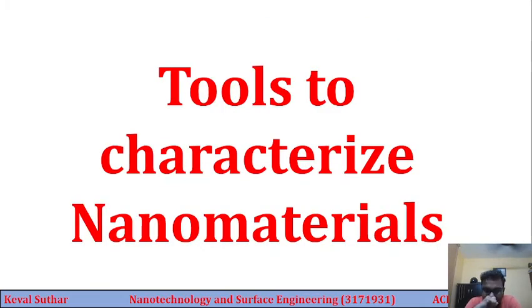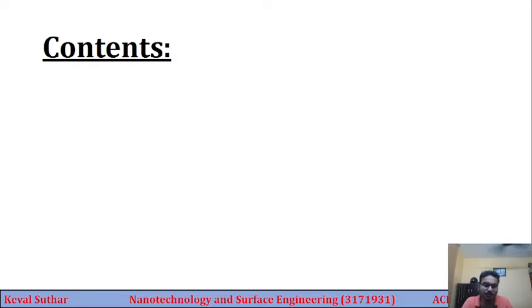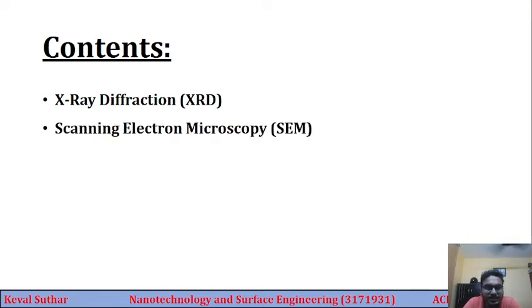So this is our third chapter, that is tools to characterize nanomaterials. In this chapter we are going to discuss various ways to characterize the nanomaterial. First is X-ray diffraction, also known as XRD. Then the second one is scanning electron microscopy.